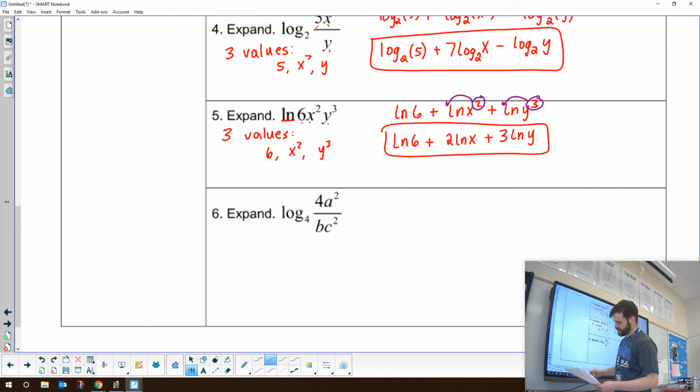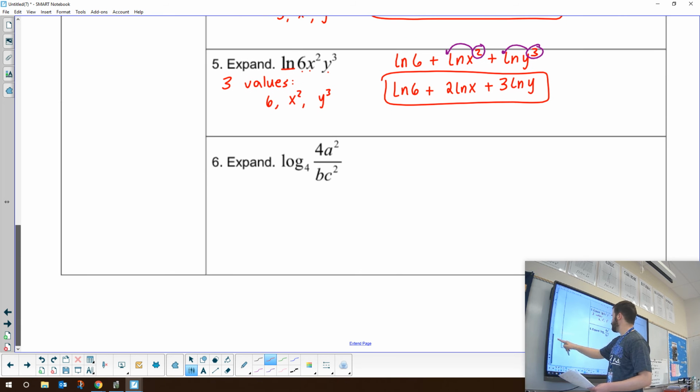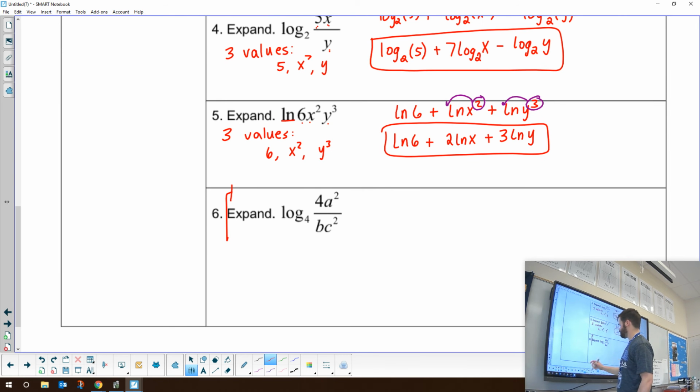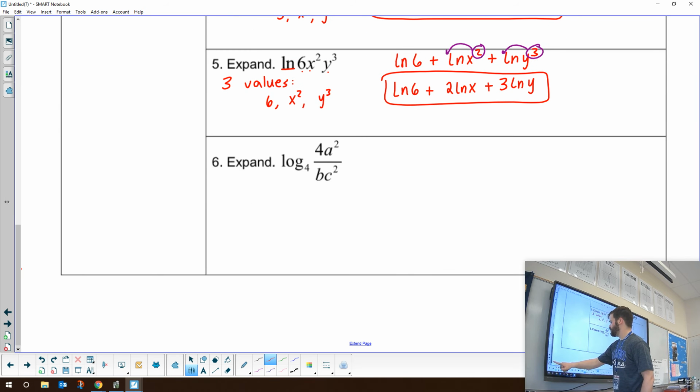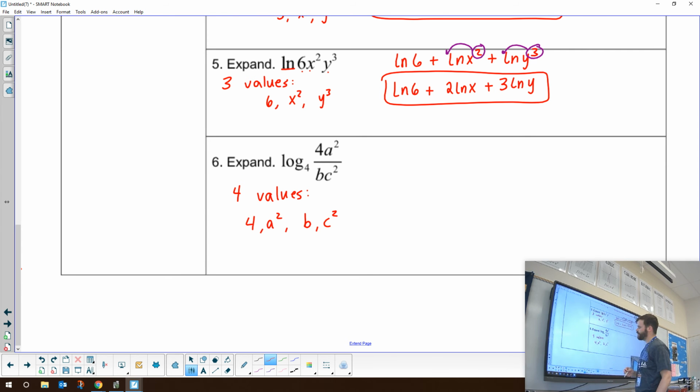Now, our next one, number 6. Once again, we list our values. This one is log base 4. We're going to have 4 values. Here are my 4 values. We have a 4, an a squared, a b, and a c squared. Now it's very important that we notice which ones are being multiplied and which ones are being divided.